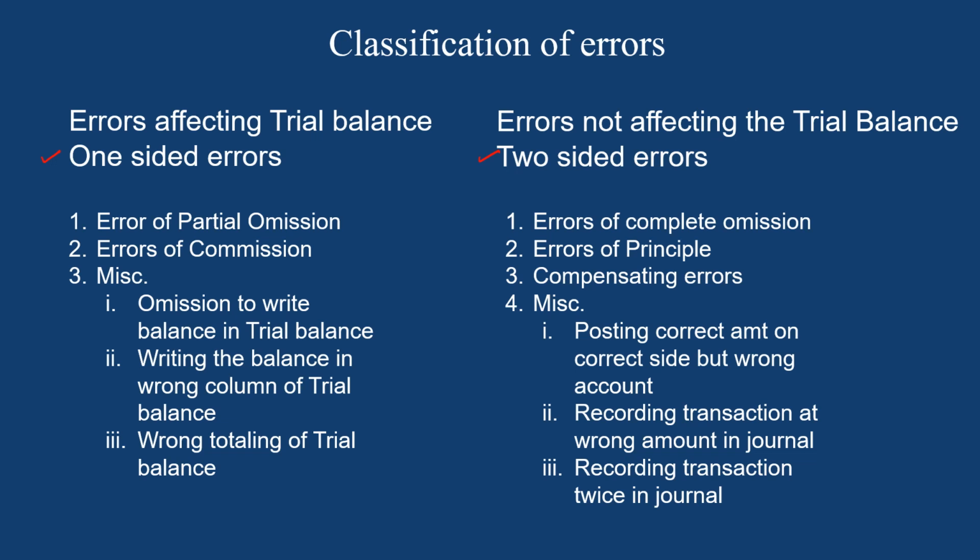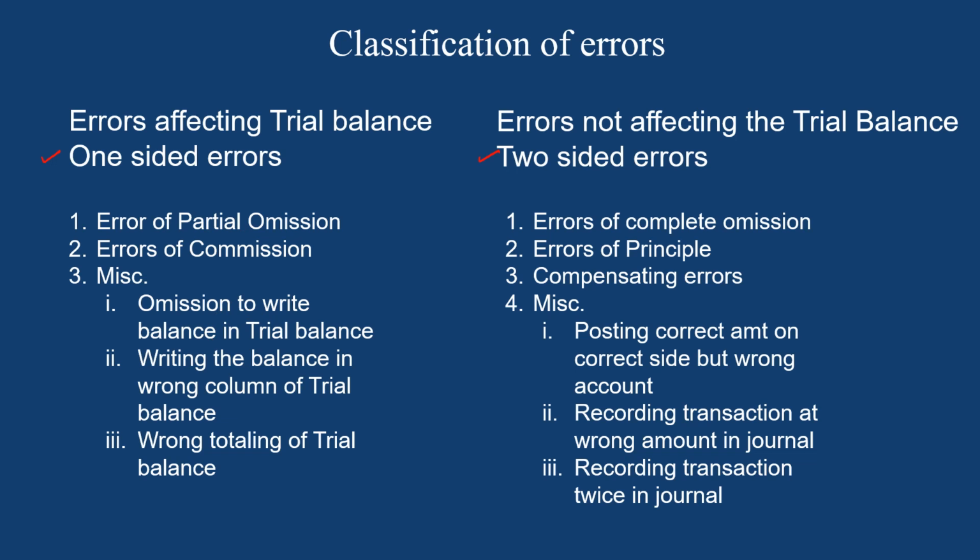Now, examples of one-sided errors are error of partial omission, where you partly record the transaction, partly it is not recorded, or it is recorded but not posted completely into both accounts. That is, both debit and credit has not gone. Errors of commission, and there could be other errors like omission to write the balance in the trial balance.